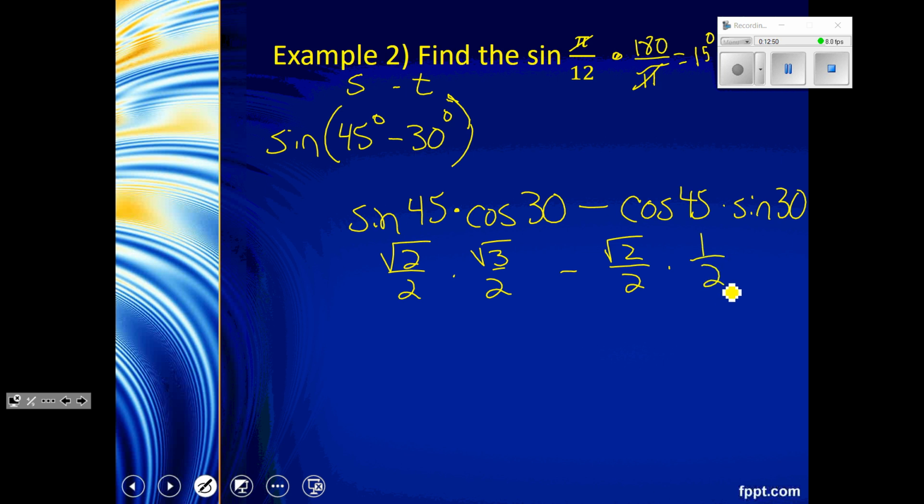So this becomes square root of 6 over 4 minus square root of 2 over 4, and we can put it all together: square root of 6 minus square root of 2 over 4.